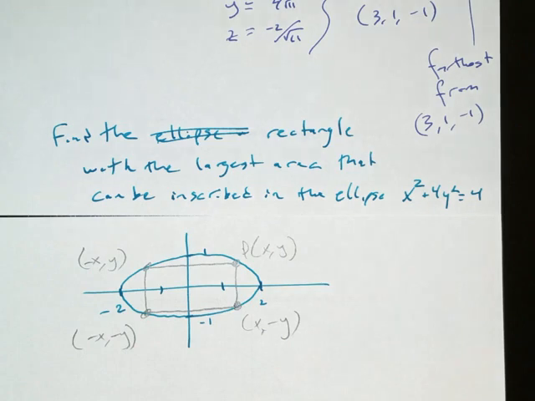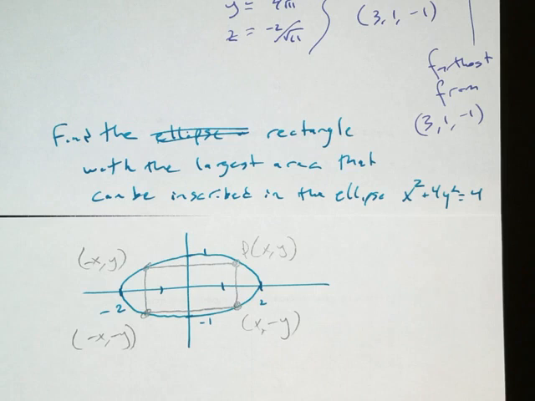What is the area for this ellipse? For the rectangle, not the ellipse. It's the area for the rectangle. Length times width. The length is x minus minus x, the difference between those two.